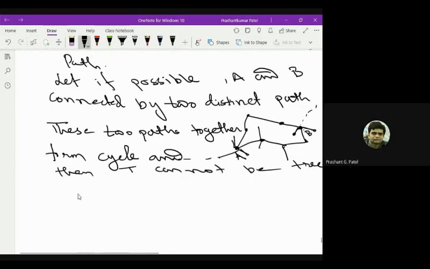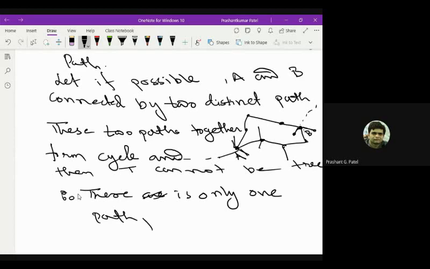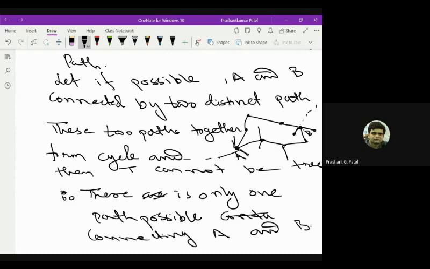That means that, therefore, there is only one path possible containing A and B. So only one path is possible containing A and B.